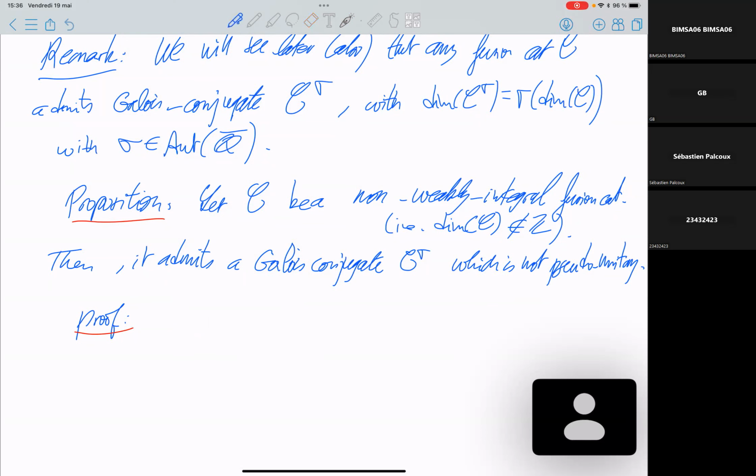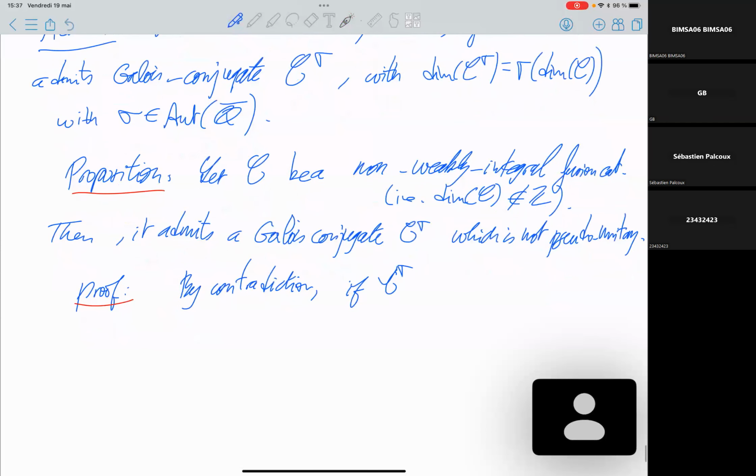By contradiction, suppose the conjugate of C is pseudo-unitary for all possible conjugates.